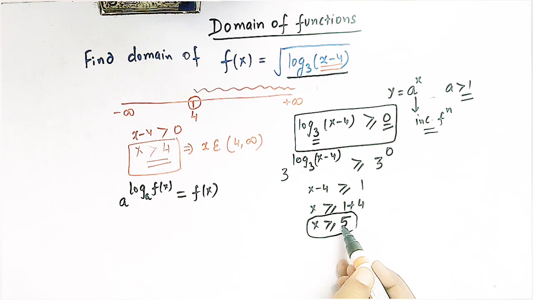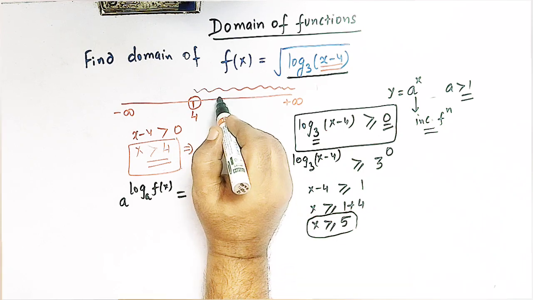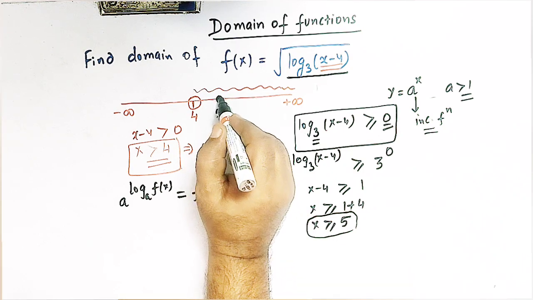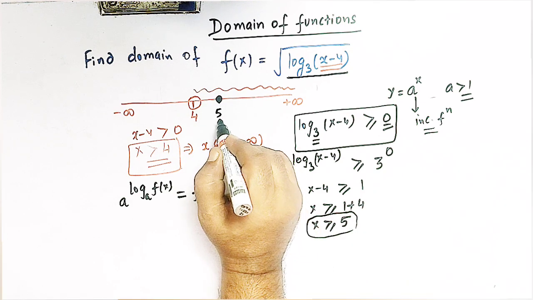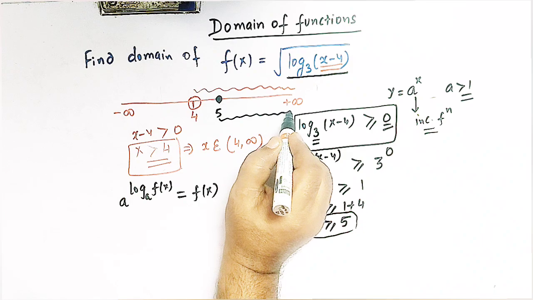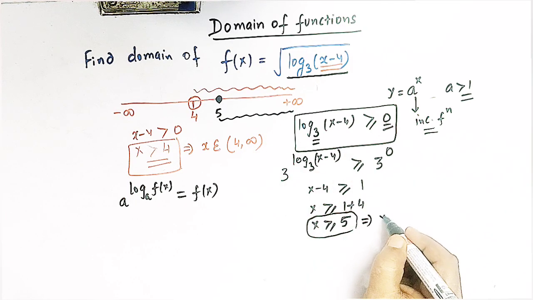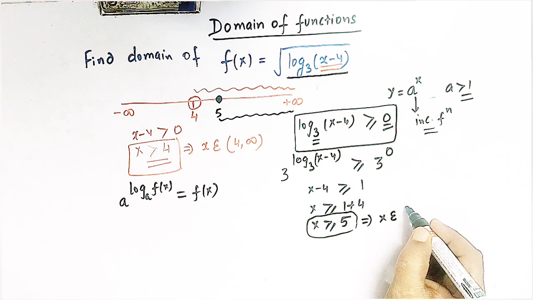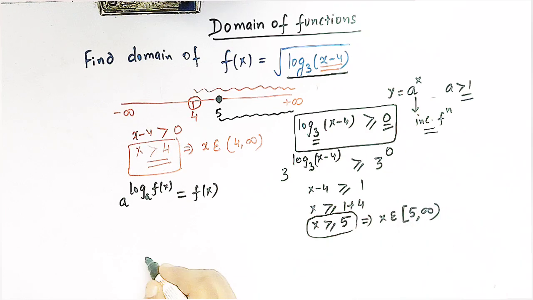Now 5 is somewhere here, and here 5 is included, and x greater than or equal to 5 is given by this region, that is, x belonging to the interval 5 to infinity, right?